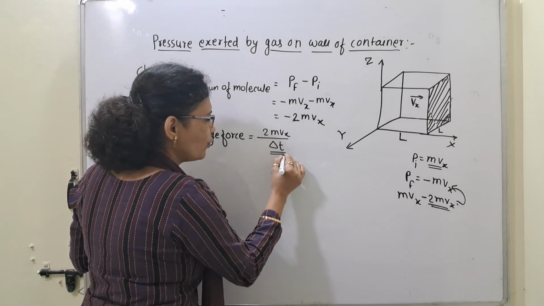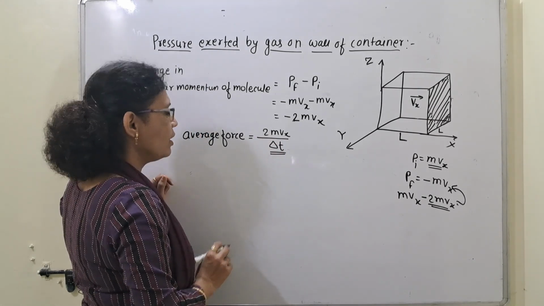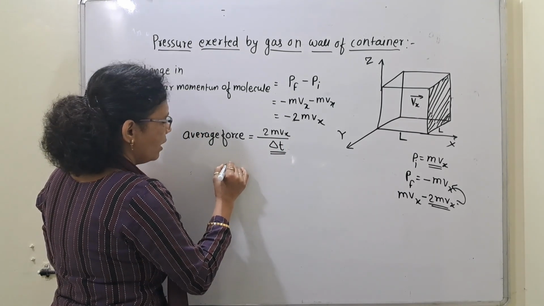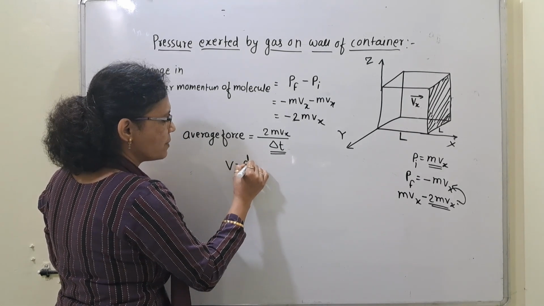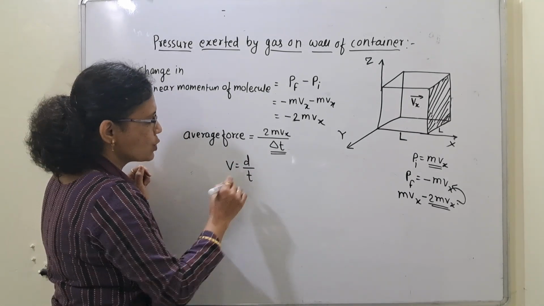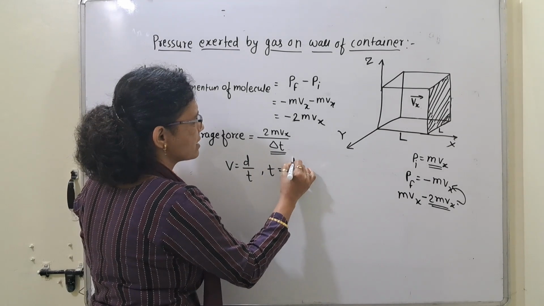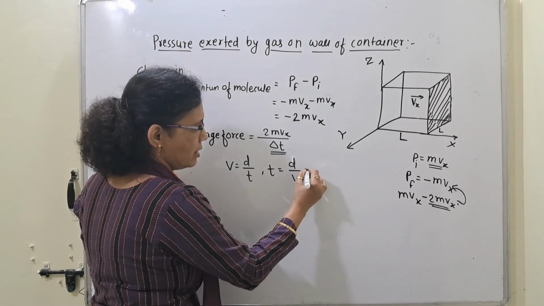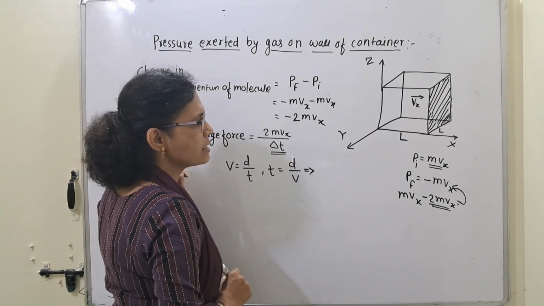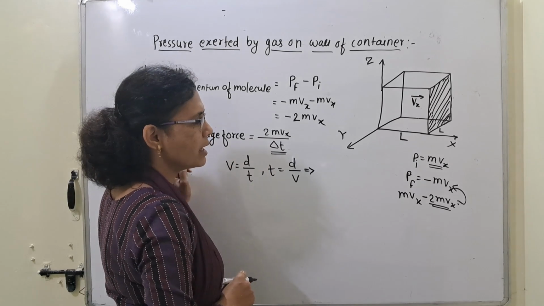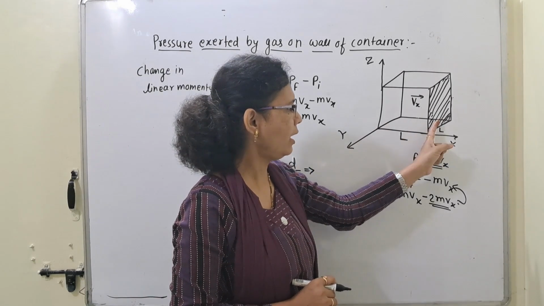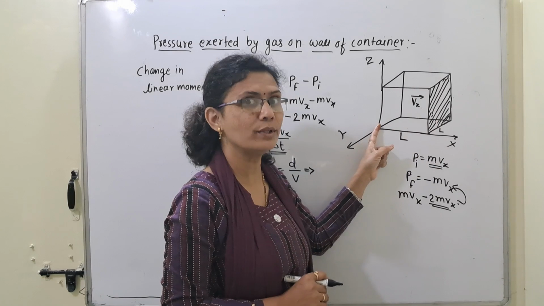If I want to find this time delta t, what can I write? Velocity is nothing but displacement upon time. So time will be distance upon velocity. What is the distance? Between two collisions, it has to cover L and L, that is 2L.